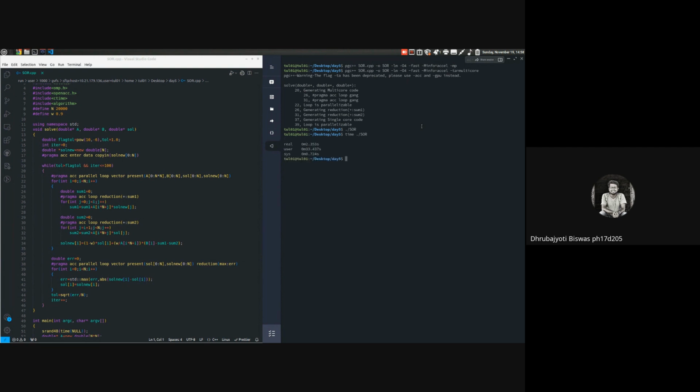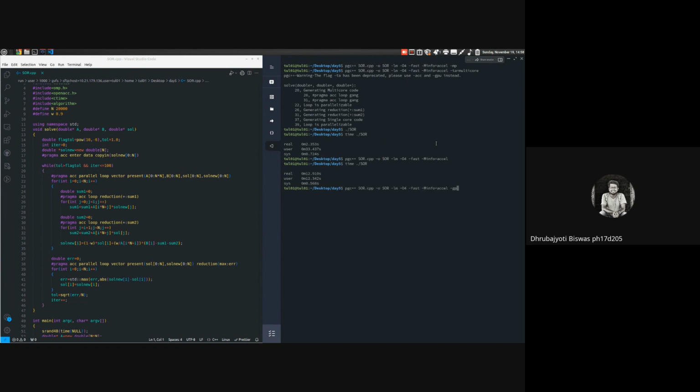It is taking around 2.35 seconds for a 20,000 system size in parallel using the CPU. If I run it without multi-core, it will probably take a much longer time. It might not finish quickly. Yeah, it is taking around 12 seconds.